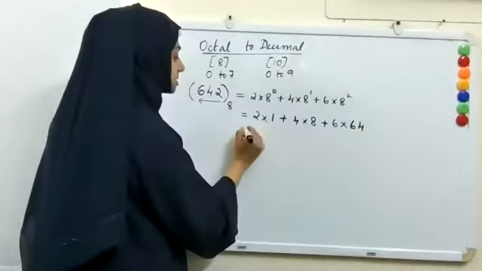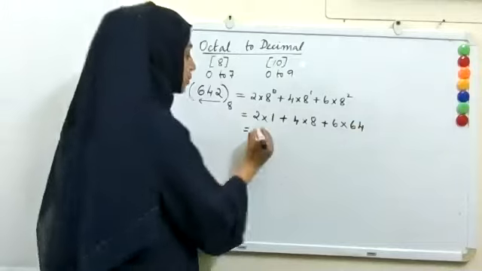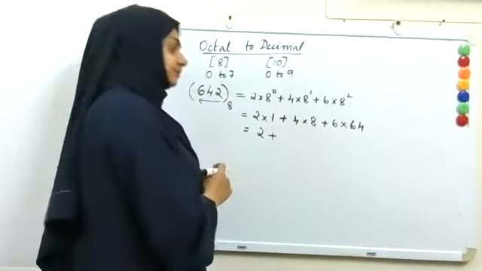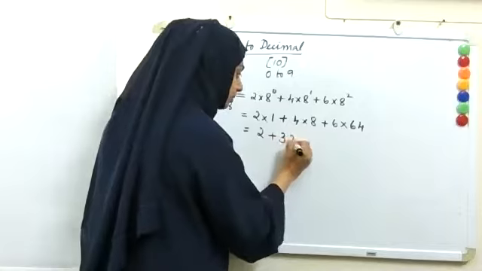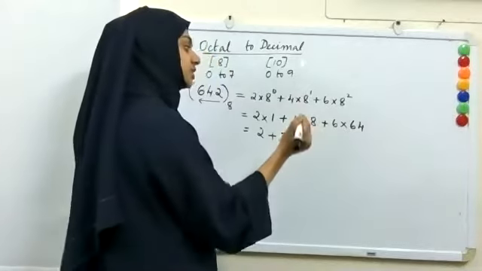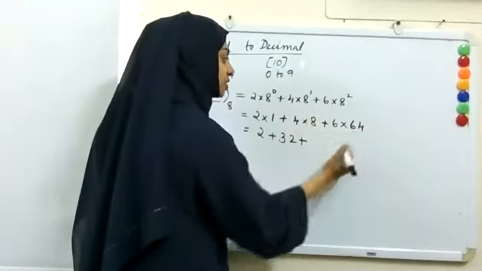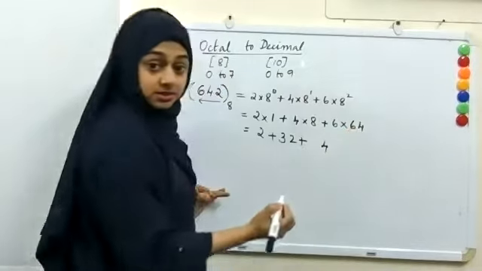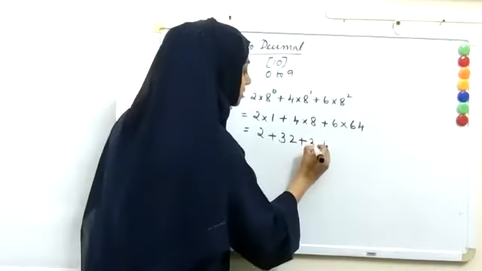So this is equal to 2 times 1 is 2, plus 4 times 8 is 32, plus 6 times 64. 6 times 4 is 24, 2 balance, 6 times 6 is 36 plus 2, so 384.